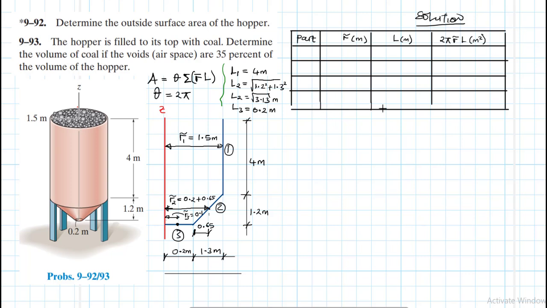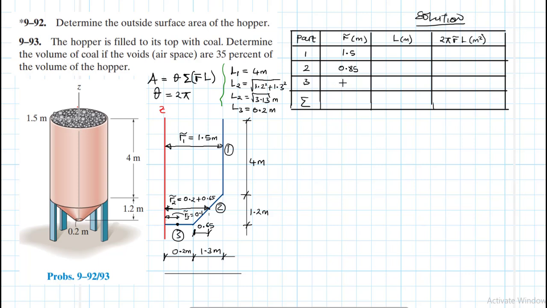The last is for summation. Let's fill in this table. So we have summation. We have part 1, 2, and 3. What is the radius? The first one is 1.5 for the first part. The second part is 0.2 plus 0.65, which is 0.85.